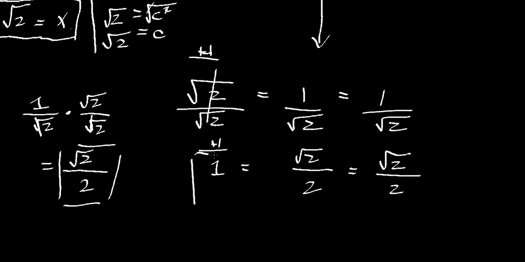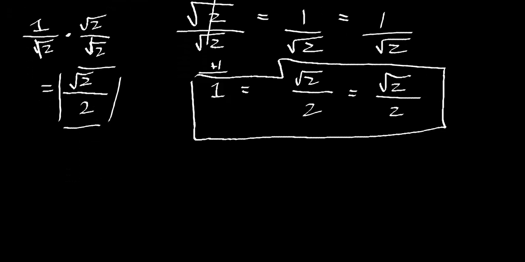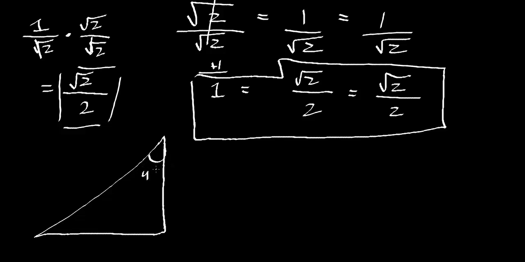So these are our new side lengths, simplified side lengths. So if we redraw our new final triangle, we get, so this is 45, this is 45, this is 90, and now our hypotenuse is 1, that's what we want.